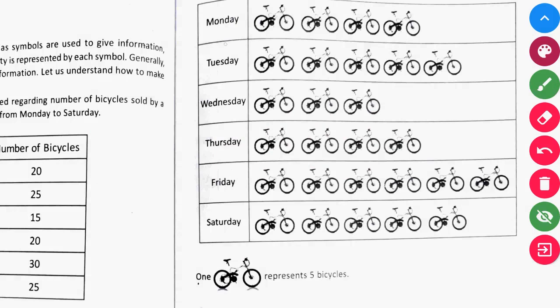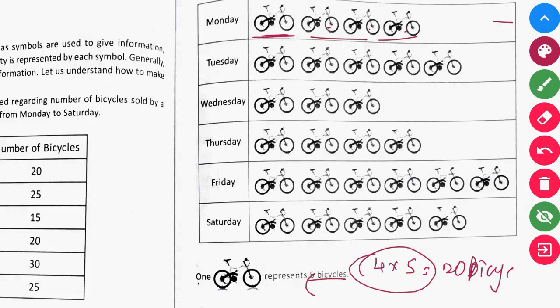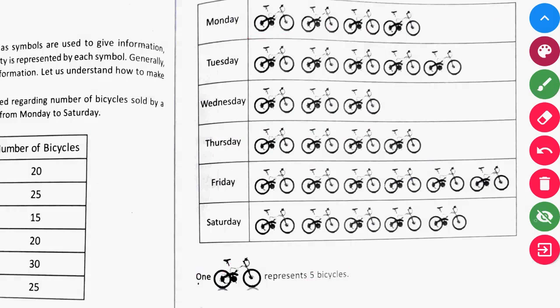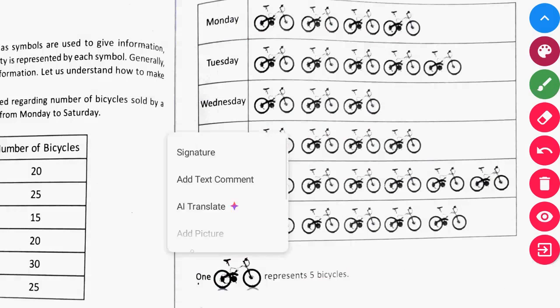Now see, on Monday how many bicycles are sold? 1, 2, 3, 4 cycles are there, and one cycle represents 5. So 20 bicycles were sold on Monday. So instead of drawing 20 bicycles, we just shorten that data, and then we represent the relation of what one bicycle is showing, and in short we have given the data in the form of pictures.